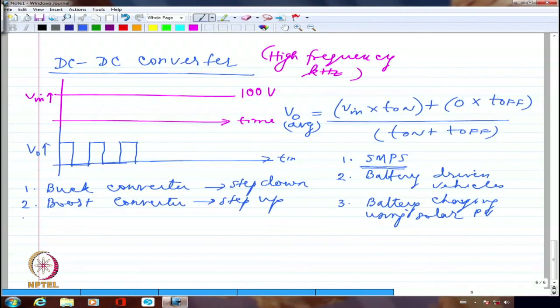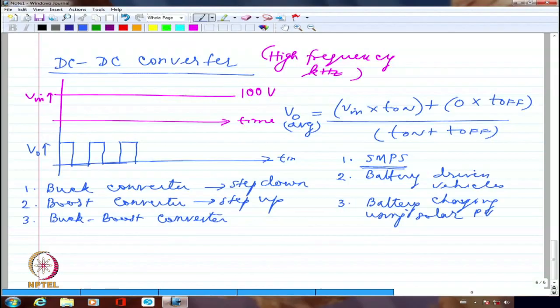The third type of converter we will be looking at is the buck boost converter, which can either reduce or increase the voltage. So buck boost is the third type of converter, which may be used typically again in a solar PV application, because I may have a range of voltage in solar PV, let us say from 36 to 48, but my battery voltage may be only 42.